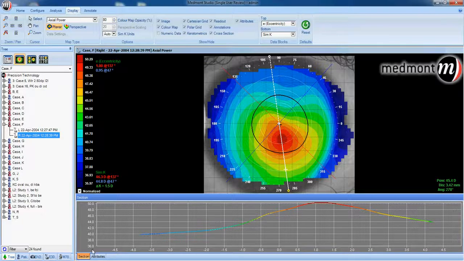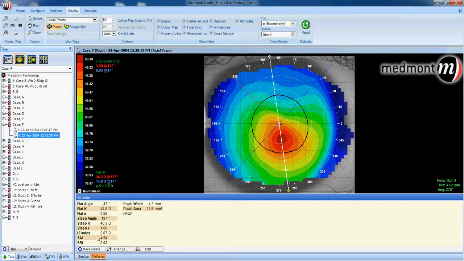Another method of determining if this is a diseased or asymmetrical eye is to click on the attributes and look at the IS, the SAI, and the SRI value. The IS value looks at the inferior cornea versus the superior cornea and says what is the average inferior corneal power compared to the average superior corneal power.